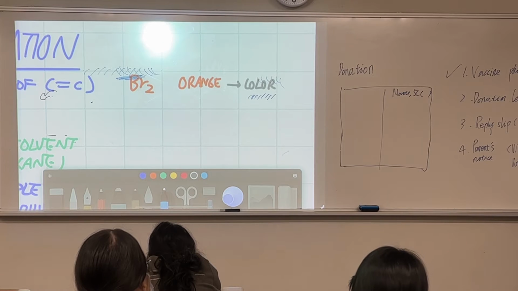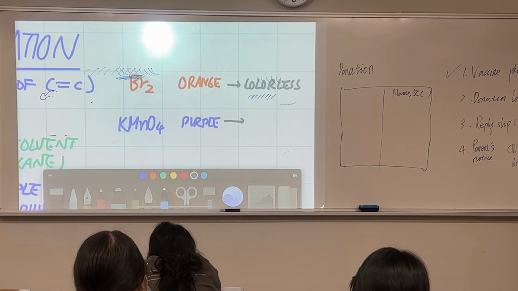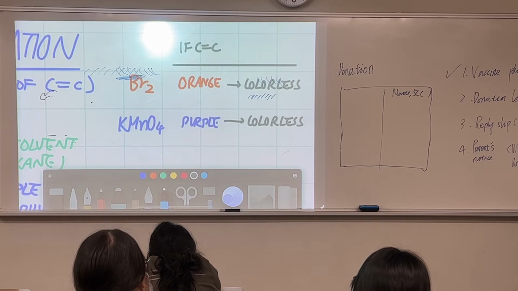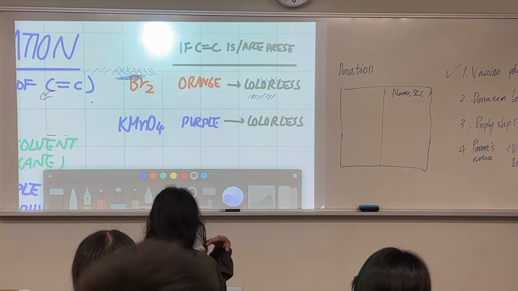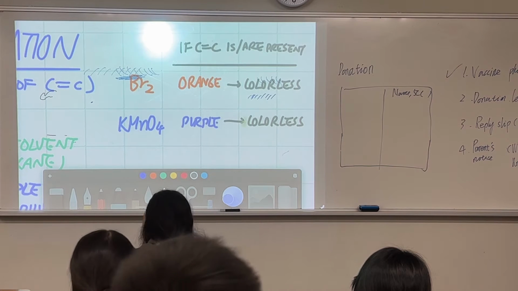If you use potassium permanganate, KMnO4, the color change will be from purple to colorless. And this color change will occur only when you have CC double bond in the molecule. There can be more than one double bond, and then you will see the following color changes.